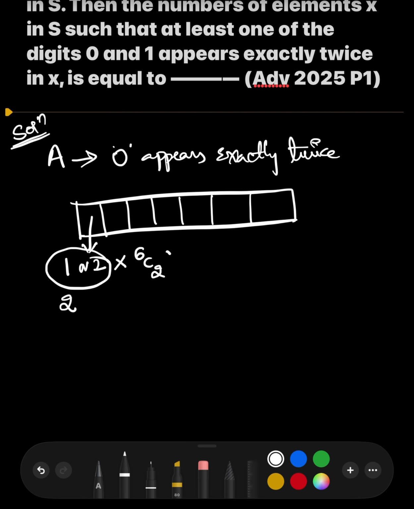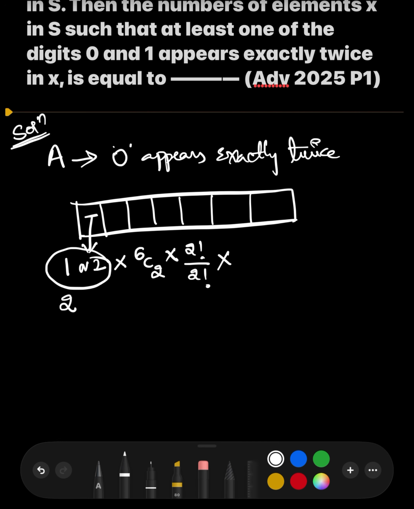Those 2 zeros can be arranged in 2 factorial by 2 factorial ways, since they are alike. Now one blank is already filled, and I have selected another 2 blanks to be filled with 0. So a total of 3 blanks are over, and 4 blanks are left.